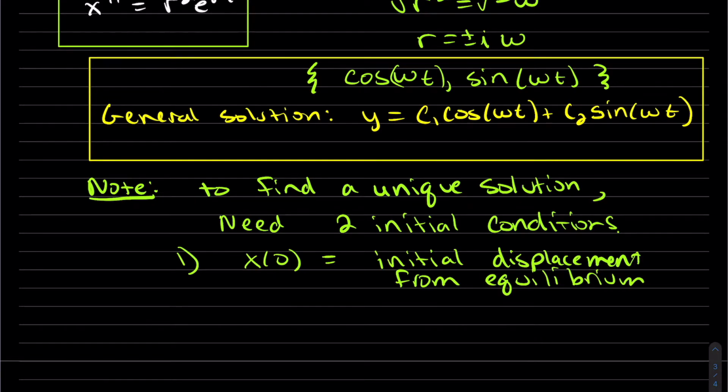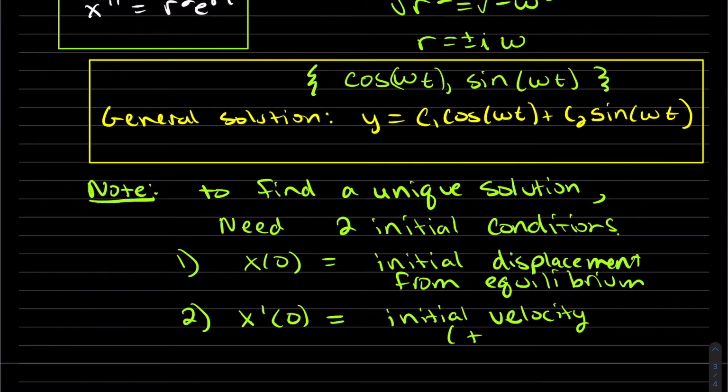Again, if it's pulled down, it's positive; if it's pulled up, it's negative. And our second one: we have distance, and the derivative of distance is velocity. So that's our initial velocity. And again, same thing, plus is down, minus is up. That's for both.